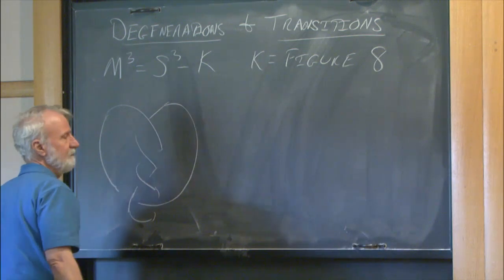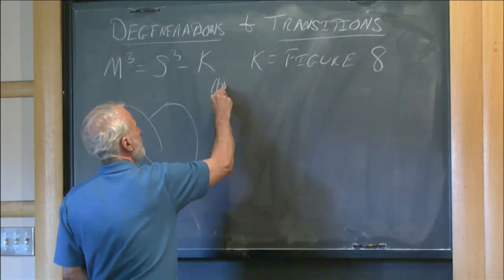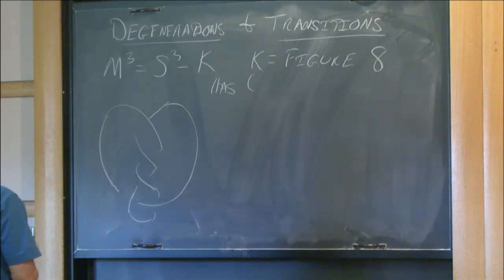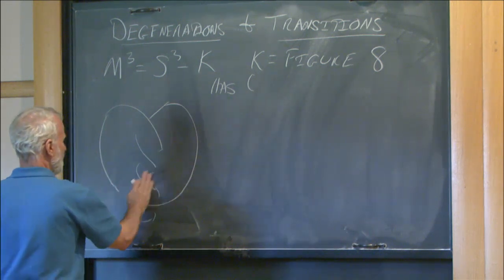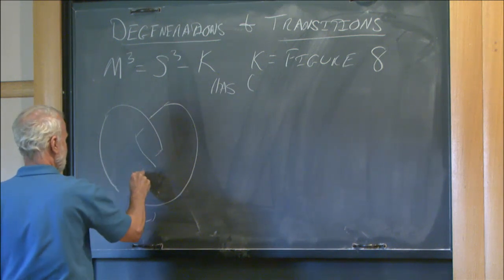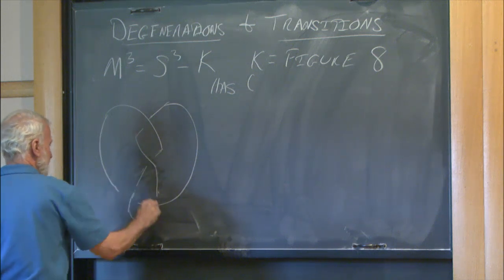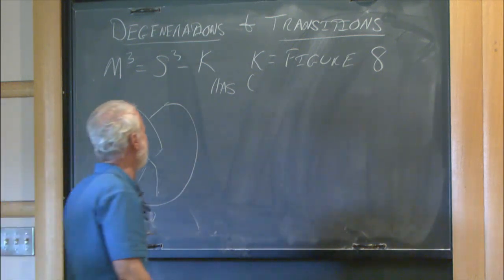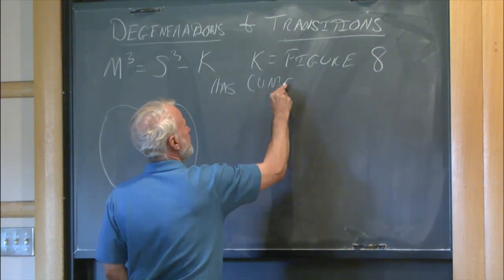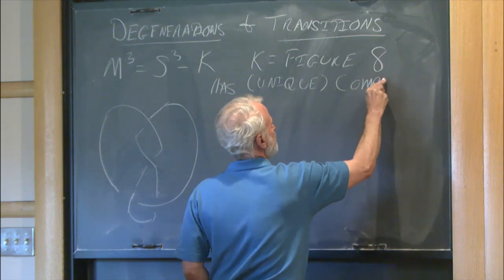The complement of this has, one extra crossing, okay, 1, 2, 3, 4. Okay, right. It has, in fact, a unique complete hyperbolic structure.